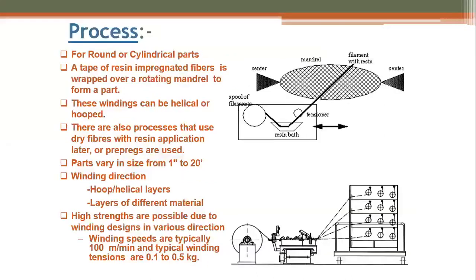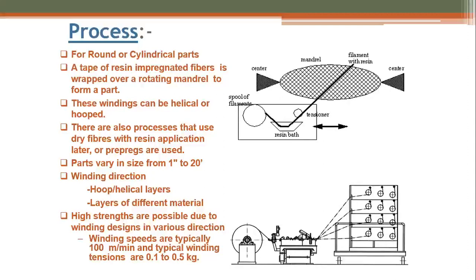First of all, going to the process, it is mainly used for round or cylindrical parts. A tape of resin impregnated fibers is wrapped over a rotating mandrel to form a part. The windings can be helical or hooped.